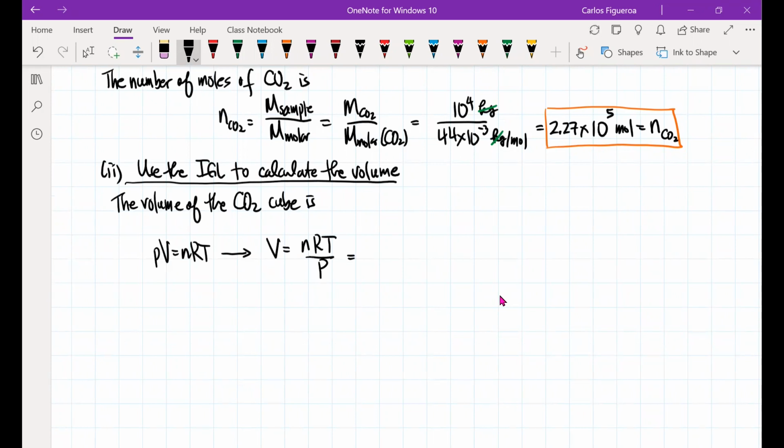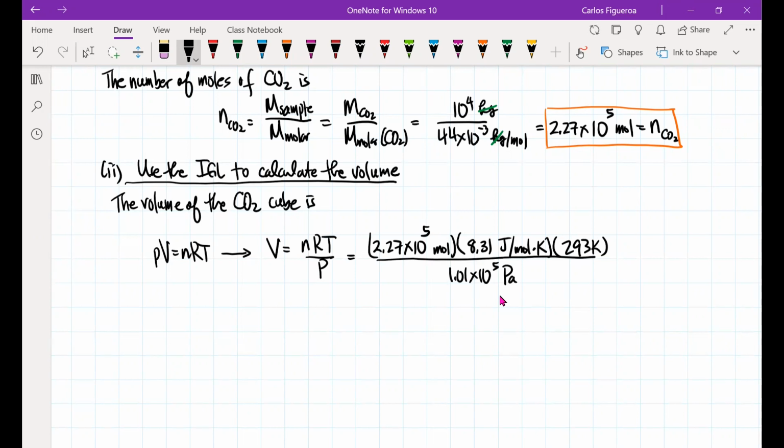So this tells us that this is going to be 2.27 times 10 to the 5 moles. Then I've got to multiply that by the gas constant, which is 8.31 joules per mole times Kelvin. And then the temperature was 293 Kelvin, all divided into atmospheric pressure, which is 1.01 times 10 to the 5 pascals.